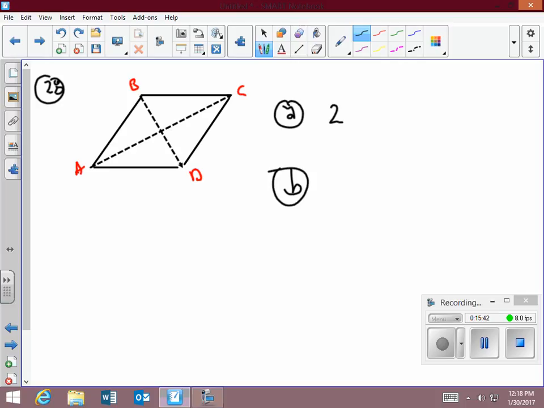And B, does the rhombus have a rotation symmetry? And that would be a point that you'd rotate it around and then it'd fall back on itself. And there aren't any.